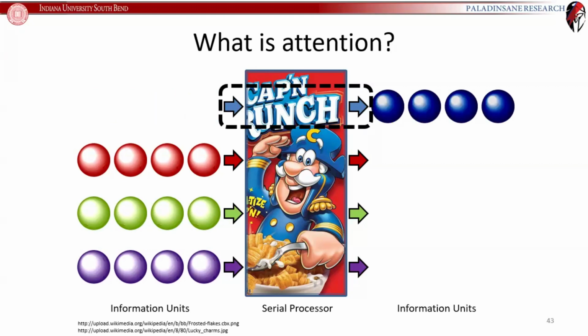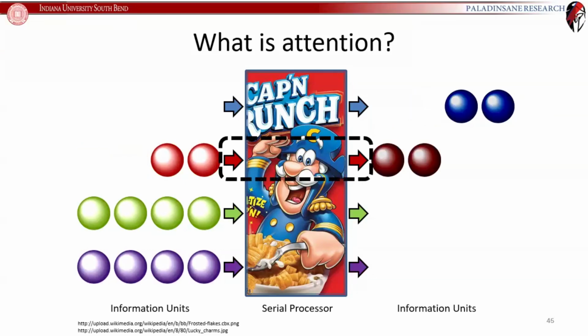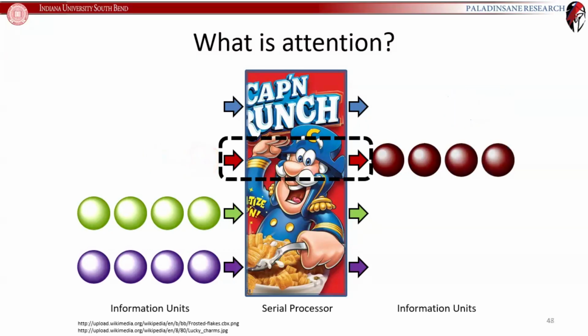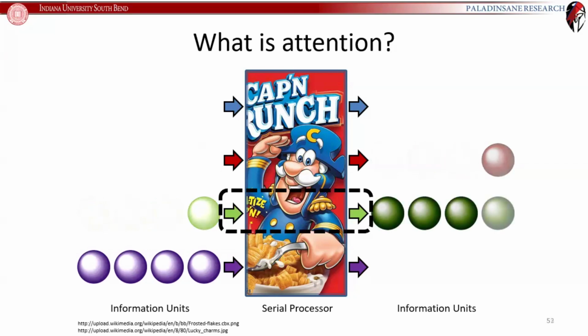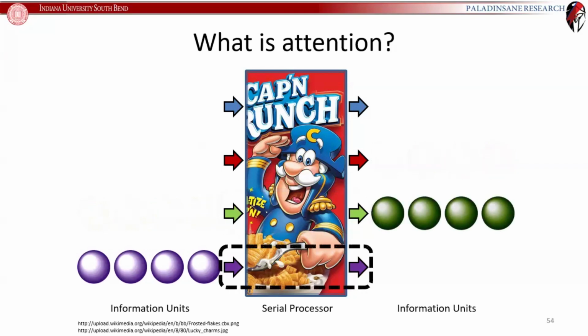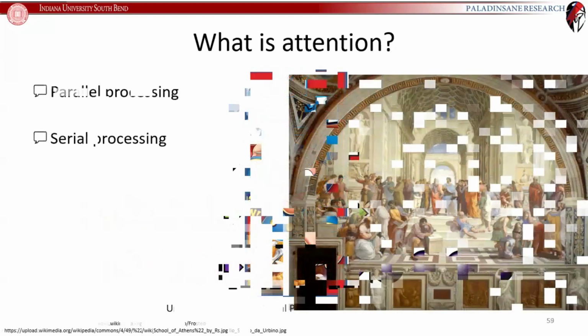And I'm going to process those information units. And now that that processing is done, I can turn my attention to the next stream of information and I can process those units. And notice that the first stream of information units gets sent off to somewhere else in your mind. And now that the second stream of information is done processing, it can turn its attention to the third stream, and so on and so forth, until it gets to the final stream, that fourth stream, and processes the final 4 pieces of information.